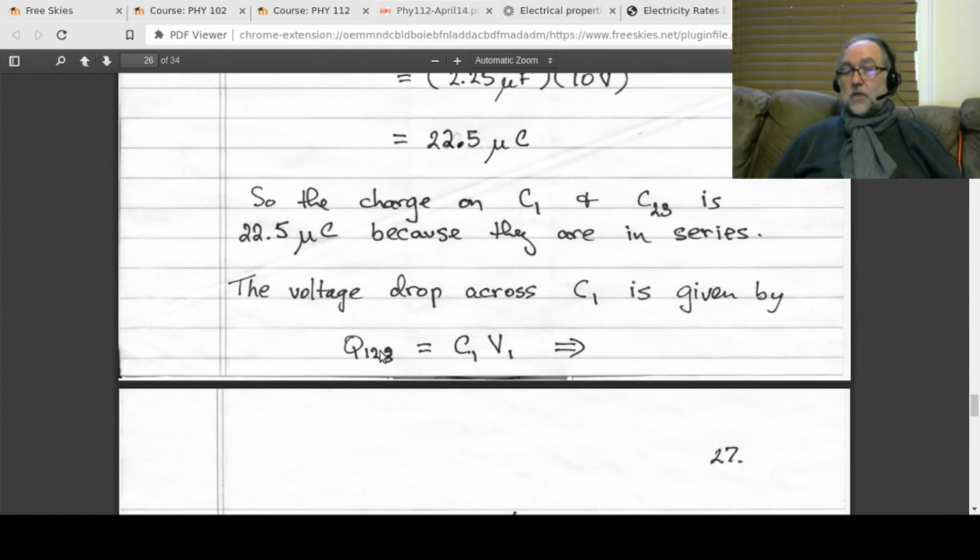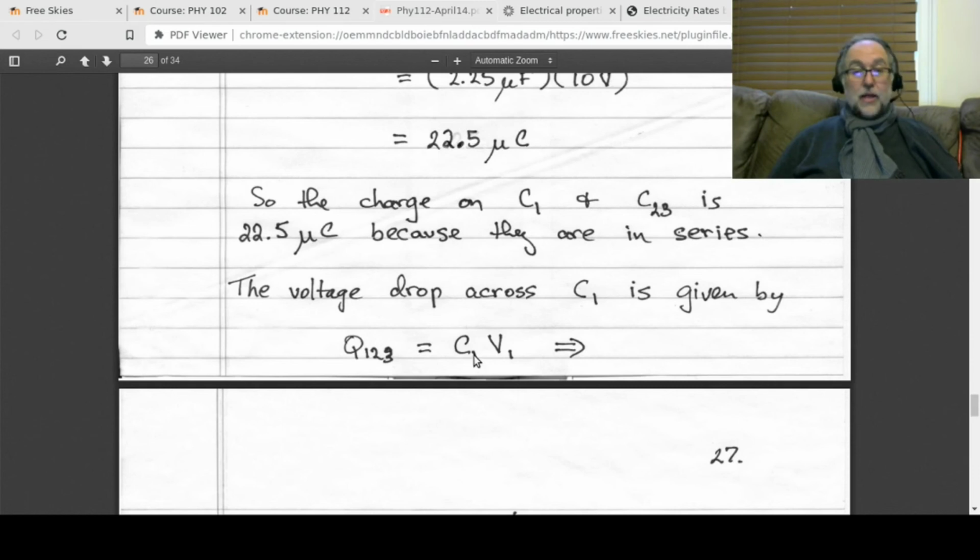So we can now find the potential drop across C1. Again, using Q equals CV, the charge accumulated on C1 is the same as on C23, because they're in series. In series, the charges on both capacitors are the same. So both C1 and C23 accumulate 22.5 microcoulombs.